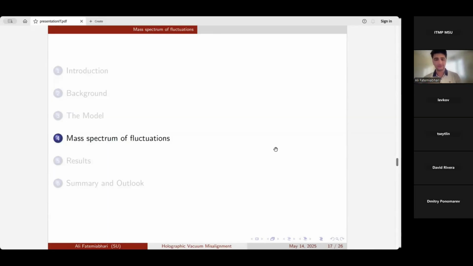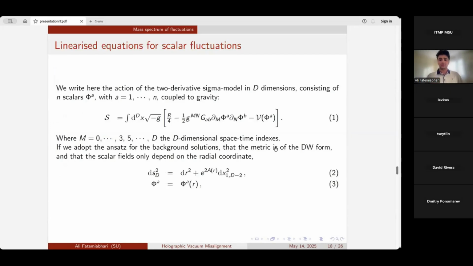Okay, so this was a description of the background with the Lagrangian and the boundary terms. Now we want to study the fluctuations around this background, and holographically this will give the mesonic spectrum of the field theory side, and that is what we want to achieve basically. So what happens here is that at the end of the day, we have gravity coupled to some fields, and some of our scalars are taking non-trivial profiles in the bulk with their specific potentials.